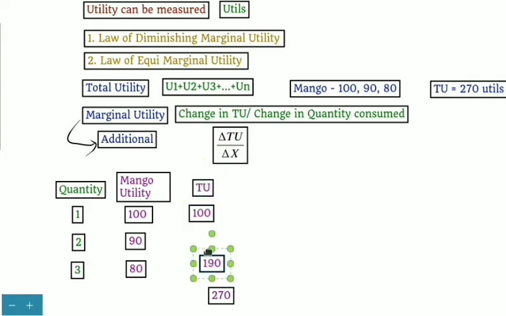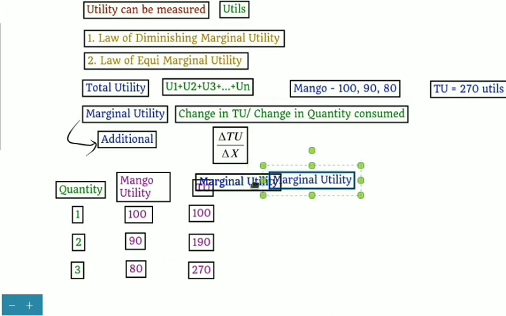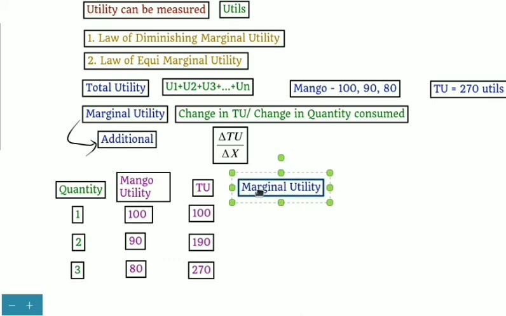Here we can measure the marginal utility by finding delta TU by delta X. Delta TU refers to the change in total utility. In the first case there is no change, and in the second case there is a change, that is 190 minus 100.